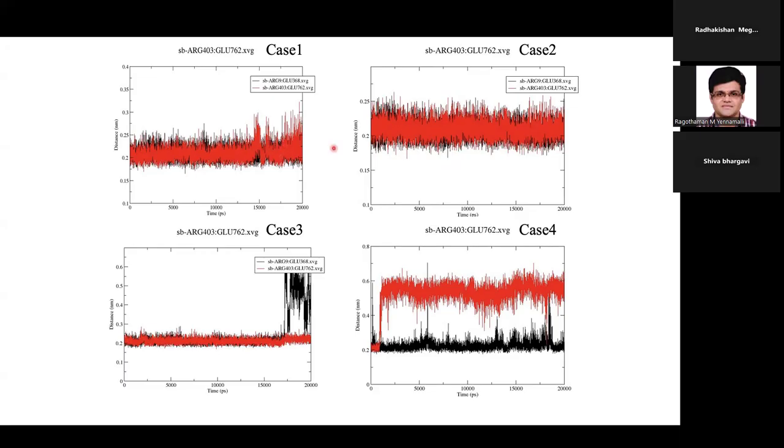Black and red are almost present one over the other. But in case 3 and case 4, where we protonated all the histidines, or only those two histidines, we see those ionic bonds being broken at some point. Here, around 15 nanoseconds, it gets broken. Here, at the very beginning itself, it gets broken and remains broken for a long period of time.